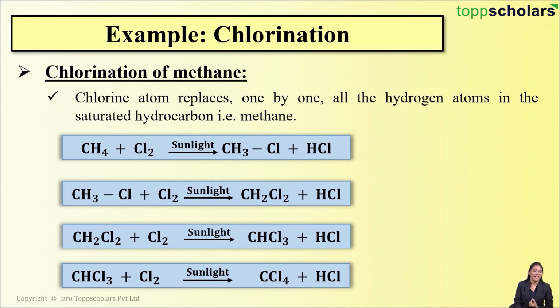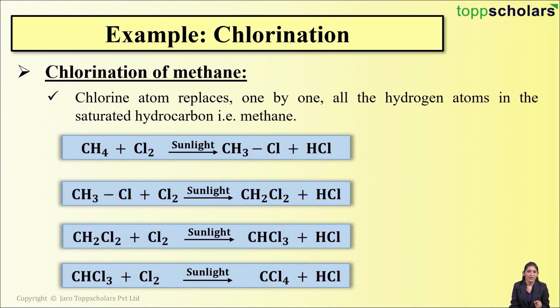In the third step, one hydrogen atom from this dichloromethane is replaced by one chlorine atom, resulting in the formation of chloroform. Further, this chloroform on halogenation forms carbon tetrachloride. That is, again one more hydrogen atom is replaced by a chlorine atom.